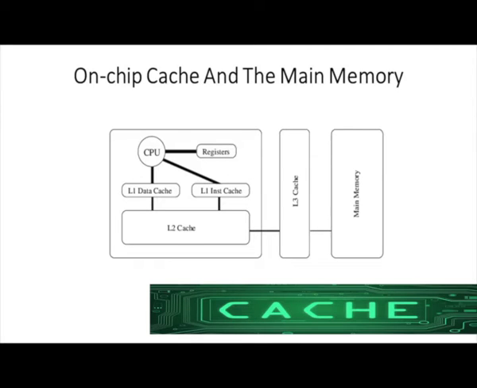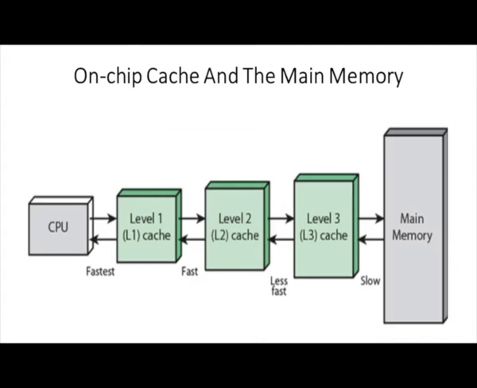Level 1 cache is generally built inside the CPU itself in our modern processors, whereas level 2 and level 3 are outside the CPU, but they are smaller in size and very fast memories. Engaging a memory hierarchy as shown in the figure alleviates the problem of memory latency, that is the lower speed of the main memory.